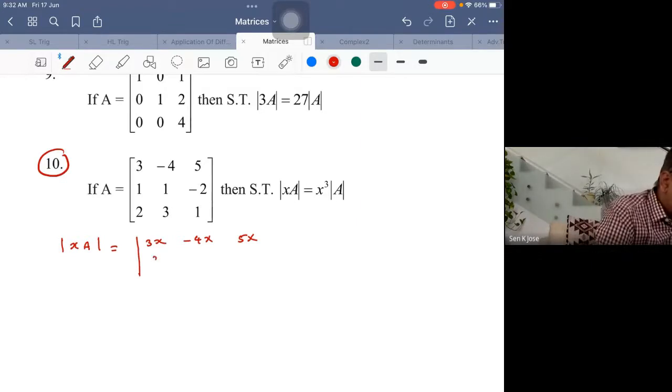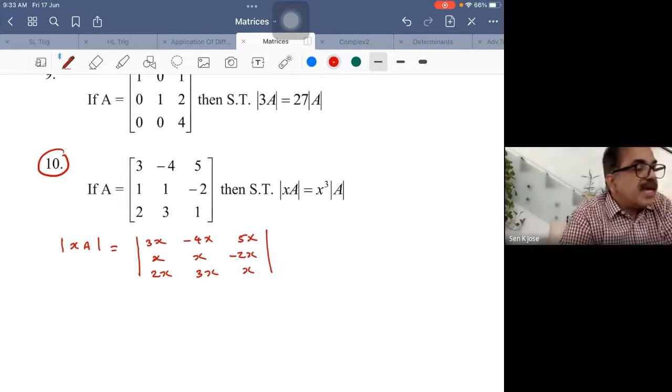Then I have 1x, 1x, minus 2x, 2x, 3x, and 1x. That's the determinant of x times A. So I need to now find out the determinant of it, which we do the normal way.